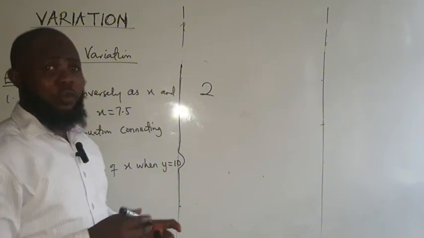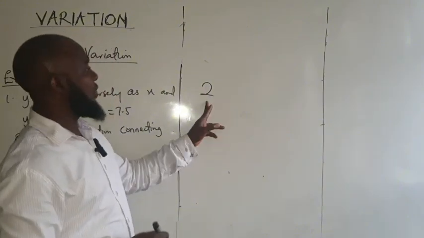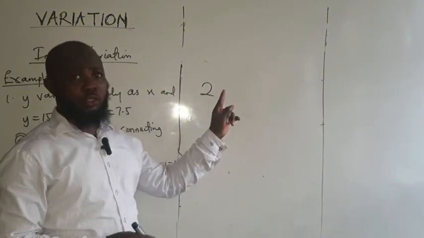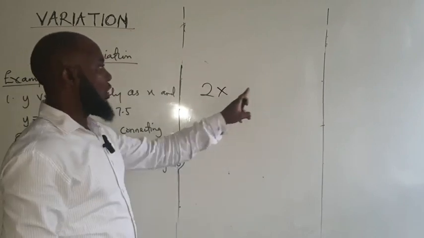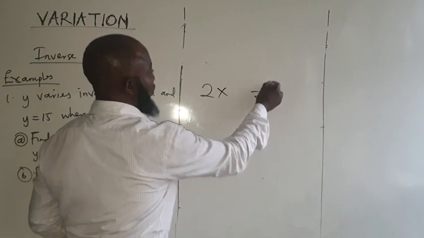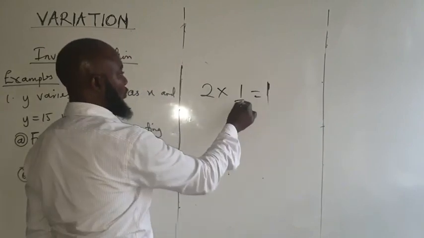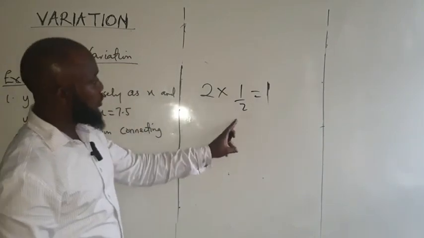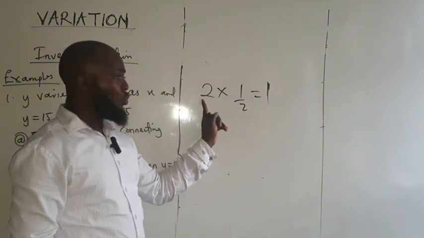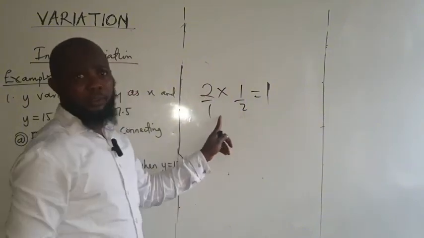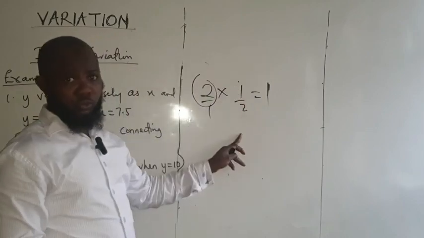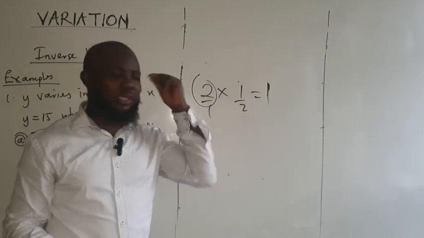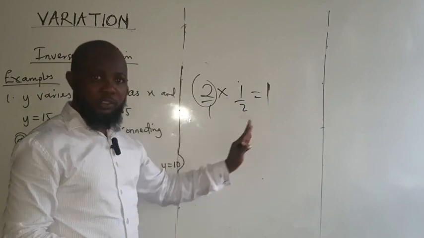We are looking for a number that we multiply with 2 to give us 1. That is 1 over 2. You can see this 1 over 2 is the opposite of 2 over 1, because 2 is 2 over 1. So the inverse of 2 is 1 over 2. Anytime you hear the word inverse, we are talking about 1 over something.